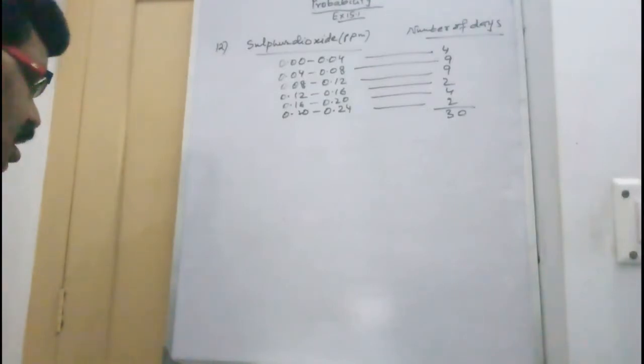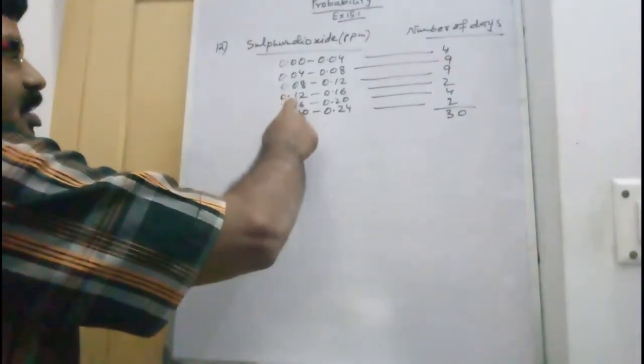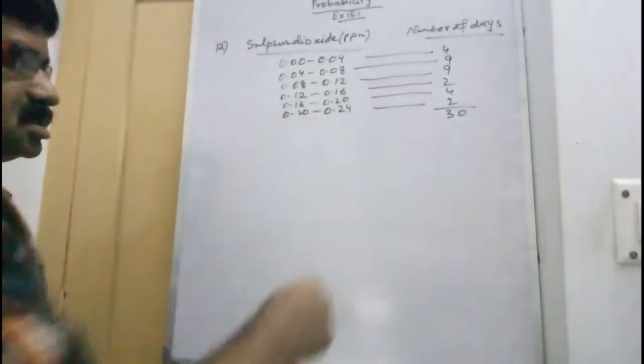Now in this question you have to find the concentration of sulfur dioxide in the interval 0.12 to 0.16.